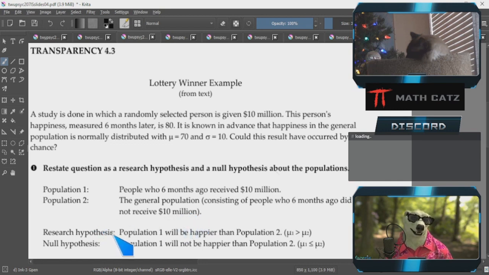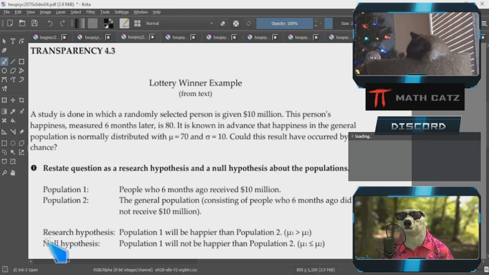What we're interested in finding, we're hoping that population 1 will be happier than population 2, or the average happiness score will be more. And the null hypothesis is that it will not be.